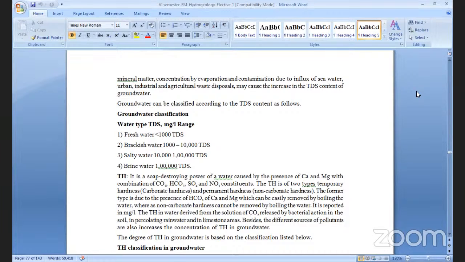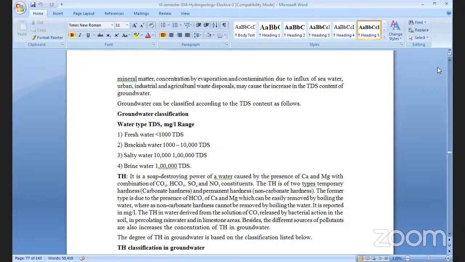Brackish water has 1000 to 10,000 milligrams per liter. Salty water has 10,000 up to 1 lakh. Brine water is above 1 lakh of total dissolved solids. So fresh or normal water contains below a thousand, which is reasonable and usable.